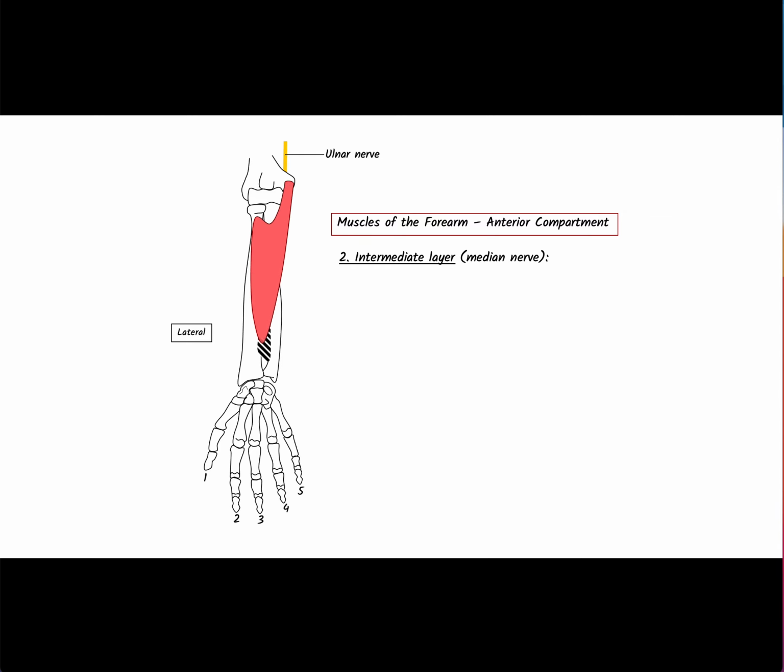Now look at this huge muscle which is coming from my common flexor origin at the medial epicondyle, from the front of my ulna and from the front of my radius, and then they merge to become one, and it also comes from the interosseous membrane, and it splits into 4 tendons going towards my digits, so we call it flexor digitorum superficialis.